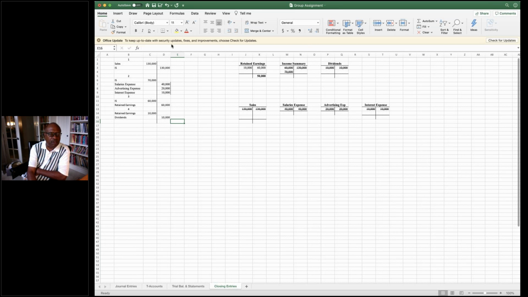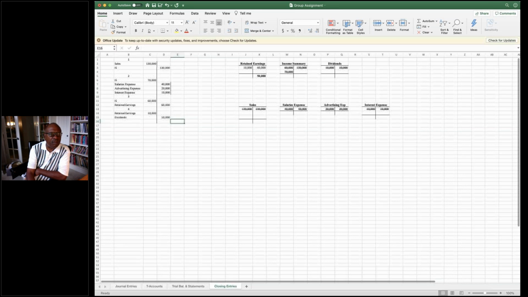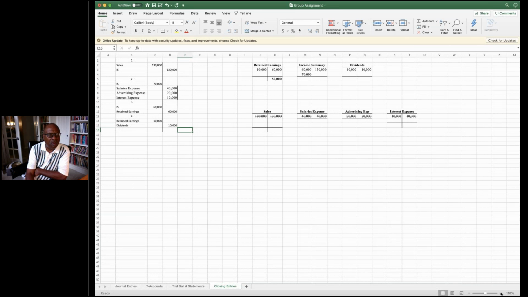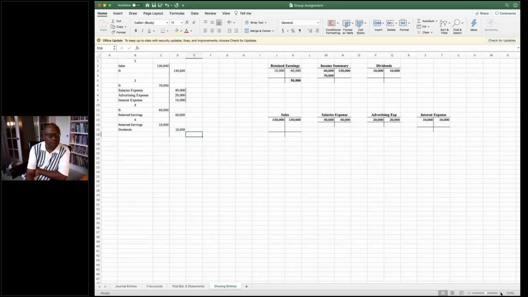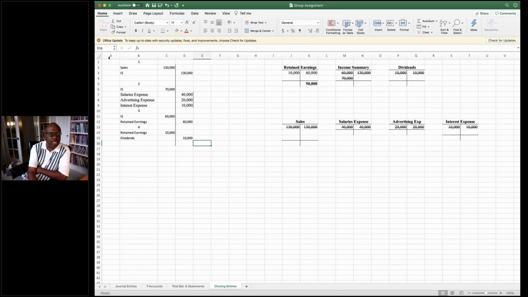So here are the 4 closing entries that are made. Okay, you close out the revenue first: debit sales, credit income summary. Let's look at that posting where sales would have had a credit balance of 30, you debited and you credited income summary.